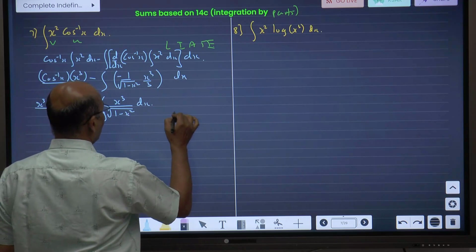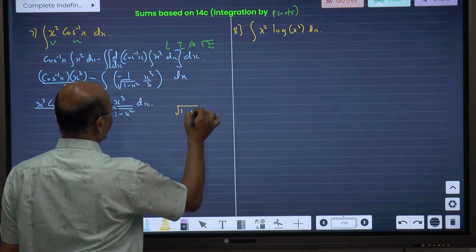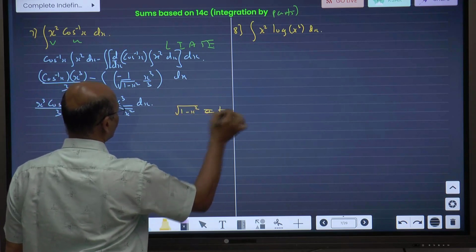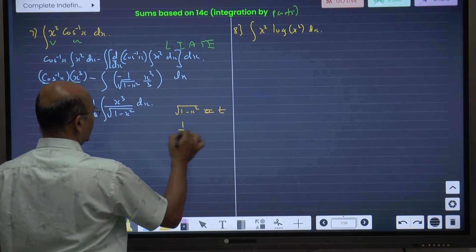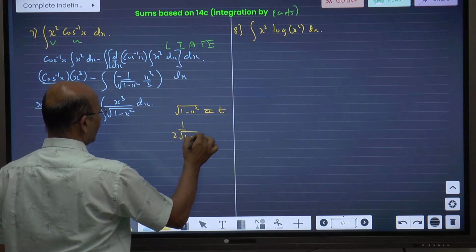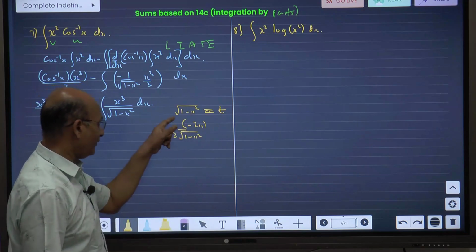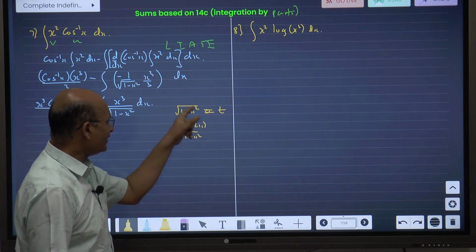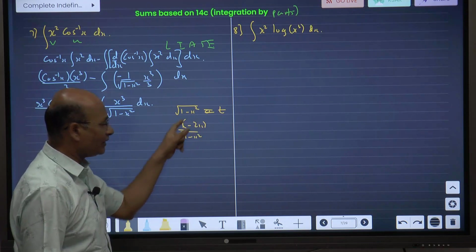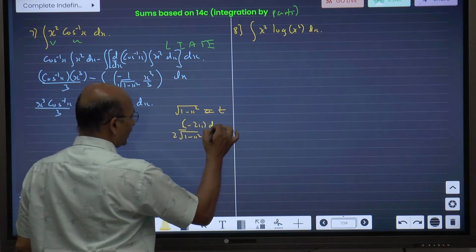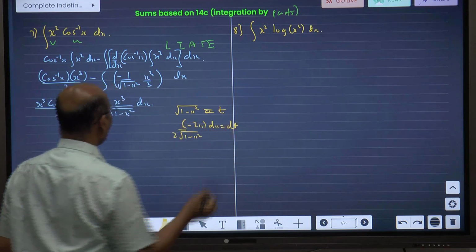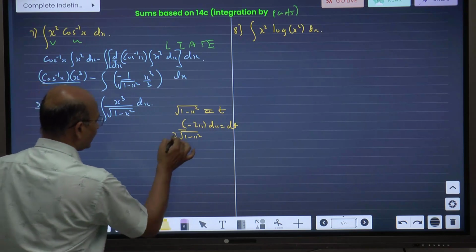I will say let root of 1 minus x square be equal to t. So what is the derivative here? 1 upon 2 root 1 minus x square into minus 2x. Remember, root derivative is 1 upon 2 root and then the inside function, minus x square, derivative is minus 2x, dx is dt. Now let us see what is getting adjusted. This 2 will get cancelled there.